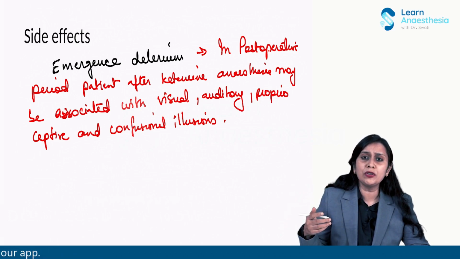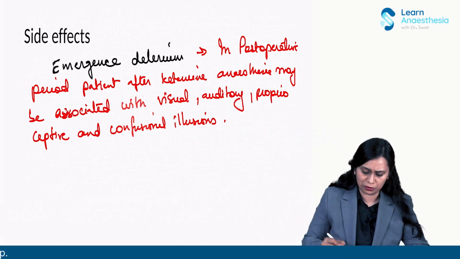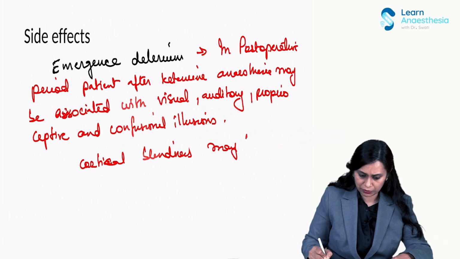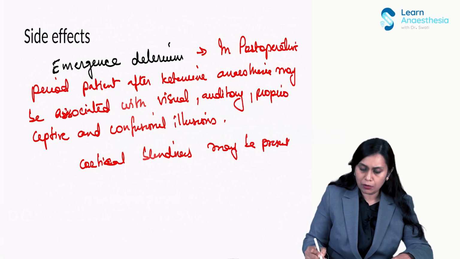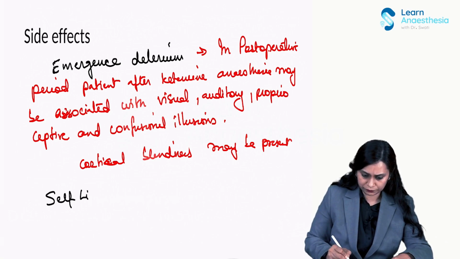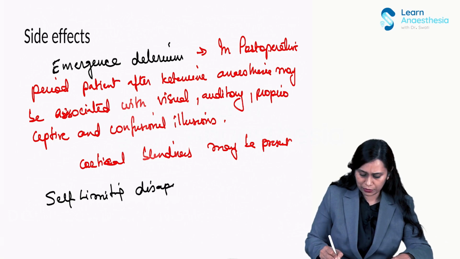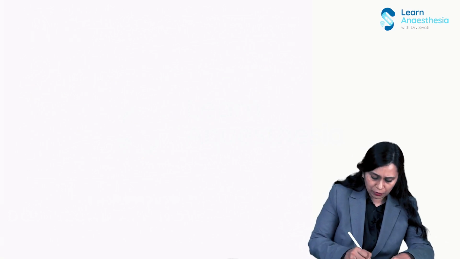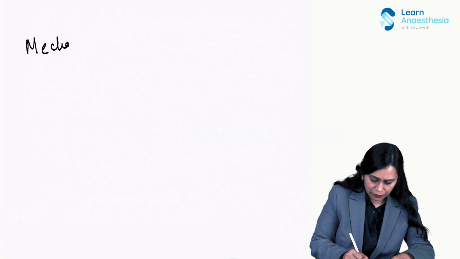And there's a possibility of a transient cortical blindness also. So cortical blindness may be present. But everything is self-limiting. Disappears in few hours. Right? So what is the mechanism of this?